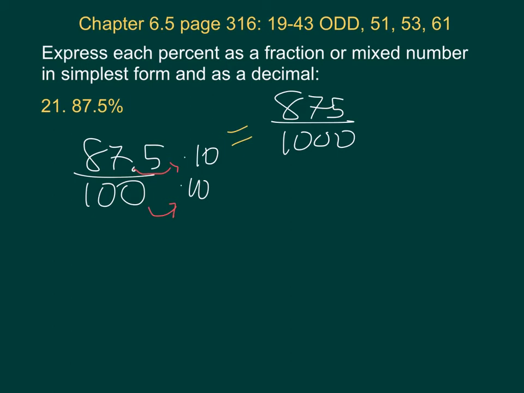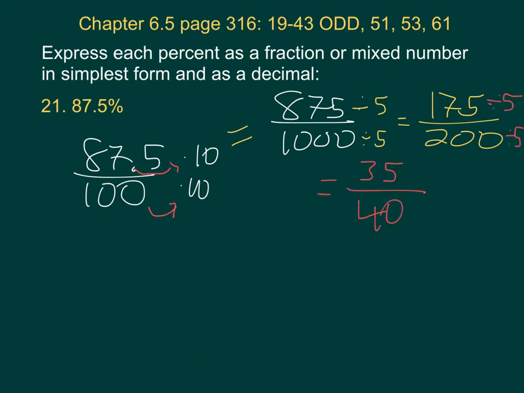But now I got a lot of dividing to do because these are not in simplest form. First thing I'll do is divide the top and the bottom by 5. I end up with 175 over 200. Well, looks like I can divide by 5 again. And if I do that, I get 35 over 40.